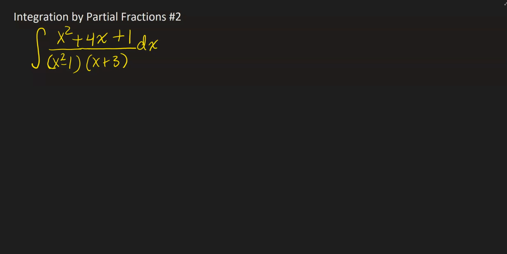Alright, so let's get started. That fraction looks pretty complicated, right? So we know now that we have to use decomposing fractions to make it simpler. So what we have here is x squared plus 4x plus 1 all over... Now x squared minus 1 can be factored into x plus 1, x minus 1, and then the other factor there is x plus 3.